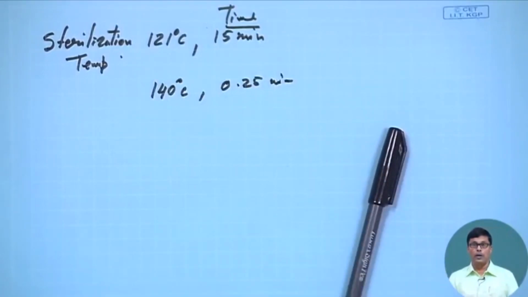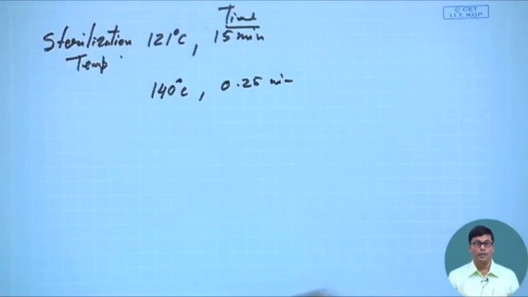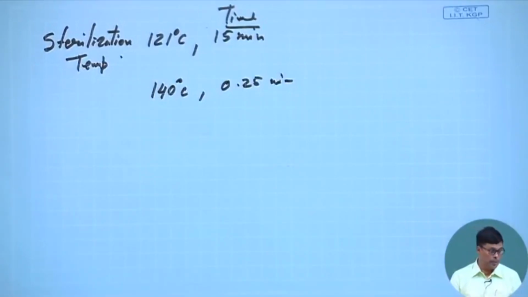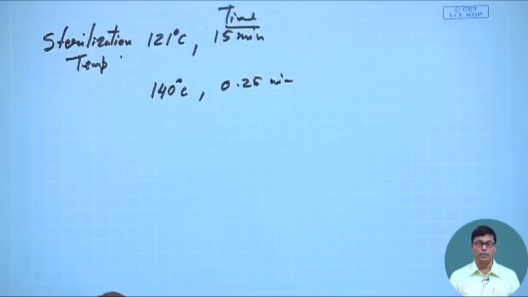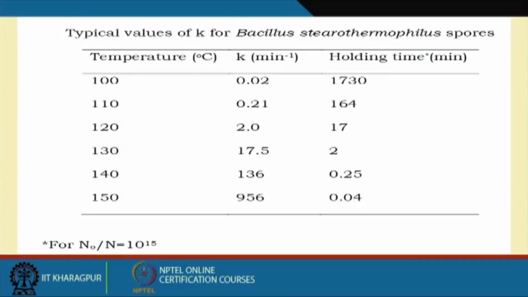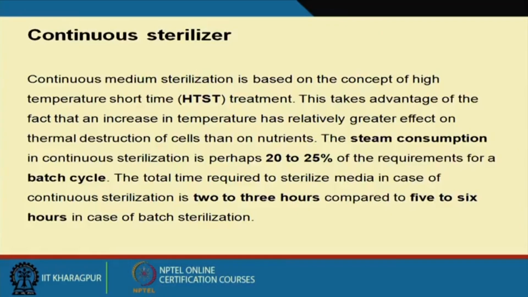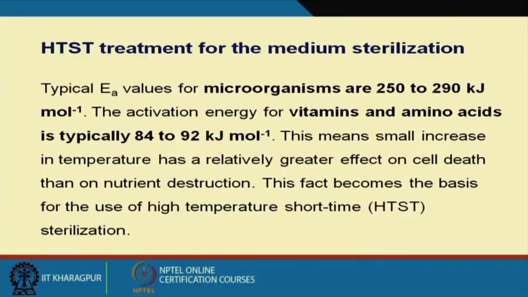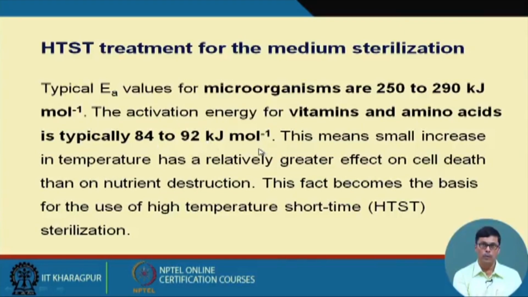Now, the question comes why we go for this high temperature sterilization. In the industry we usually follow the high temperature short time technique. The reason is that the activation energy, EA, of microorganisms is 250 to 290 kilojoules per mole, and the activation energy for vitamins and amino acids is typically 84 to 92 kilojoules per mole.